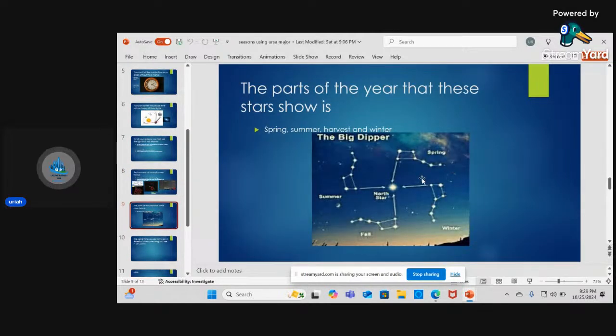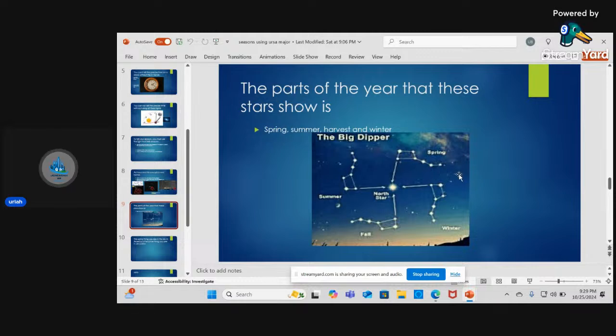And this is the diagram. Like I said, when Spica first leads the moon, you will see Ursa Major or the Big Dipper in its spring position. It will be perfectly aligned.